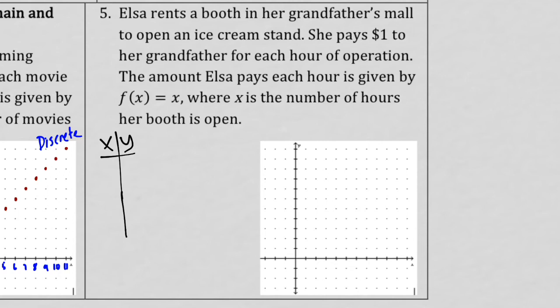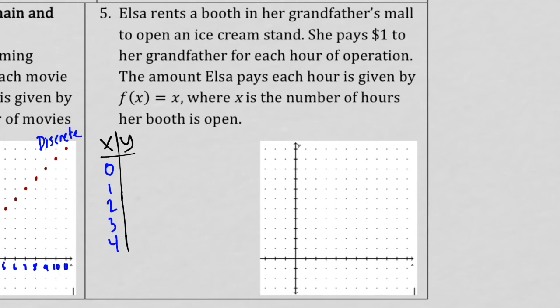We're going to plug in some values, again, making sure we choose numbers that make sense. x stands for the number of hours that her booth is open. So how many hours could she have her booth open? She could open it for 0 hours. That's a possibility. But also for 1 hour or 2 hours or 3 hours or 4 hours and so on, right? And this is actually pretty easy.